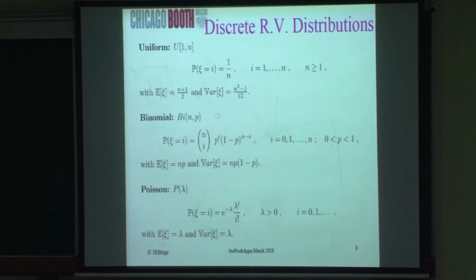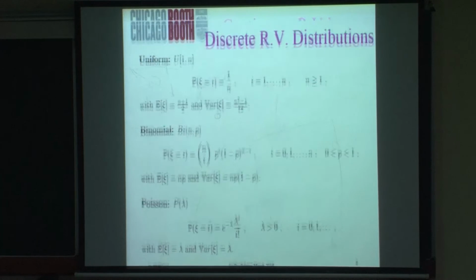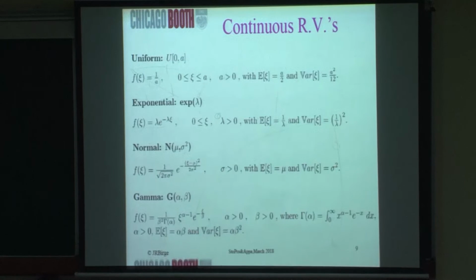Okay, those are the most common discrete ones. For continuous random variables, the uniform is just the extension of the discrete uniform. But here the expectation is a over 2.